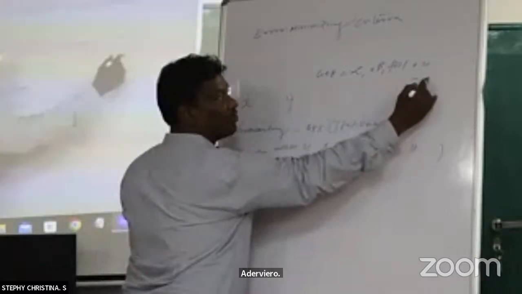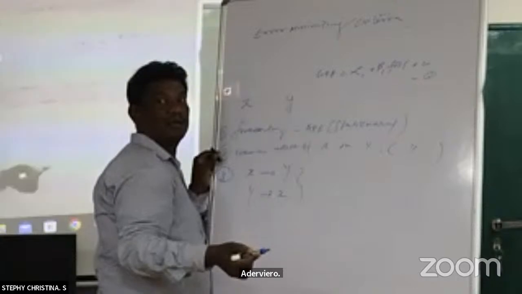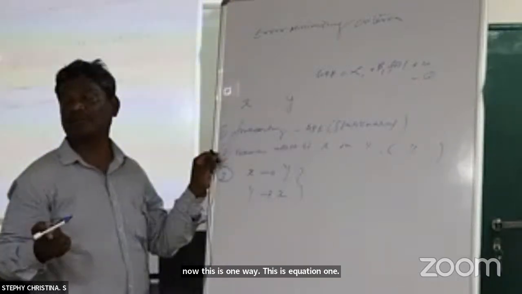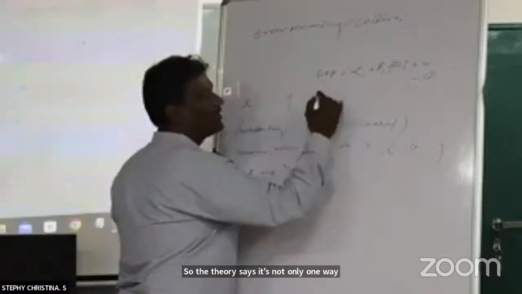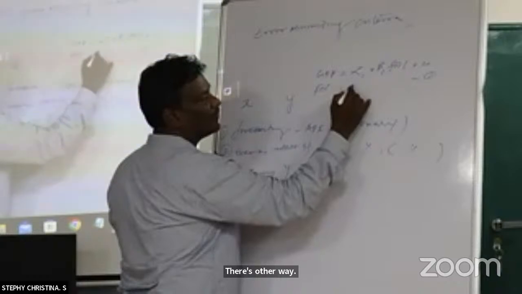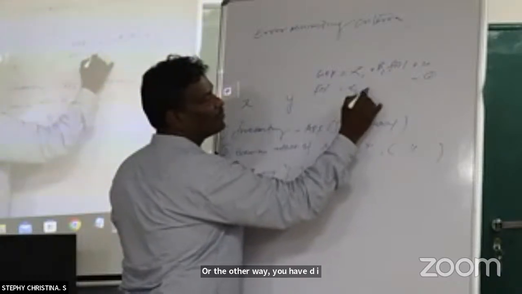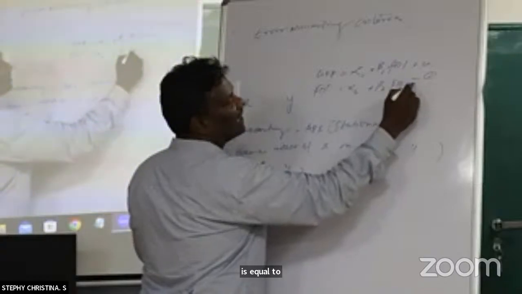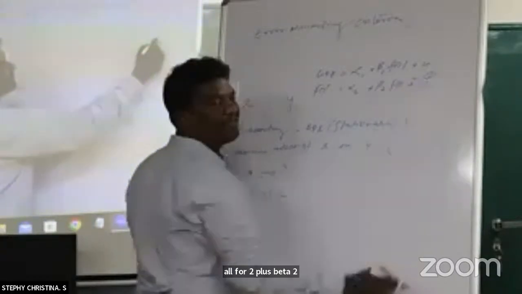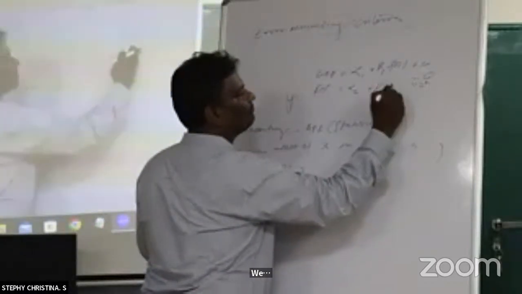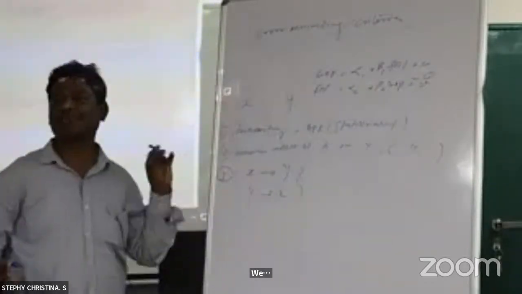This is equation 1. Now, the theory says it's not only one way. There is the other way. What is the other way? FDI equals alpha 2 plus beta 2 GDP plus V. Sorry, GDP.